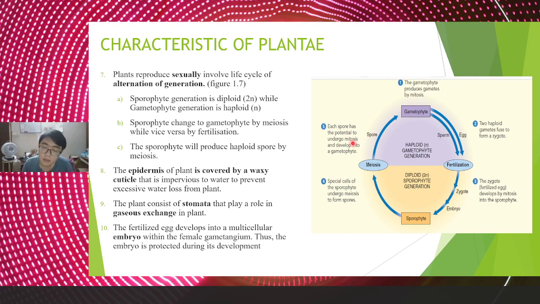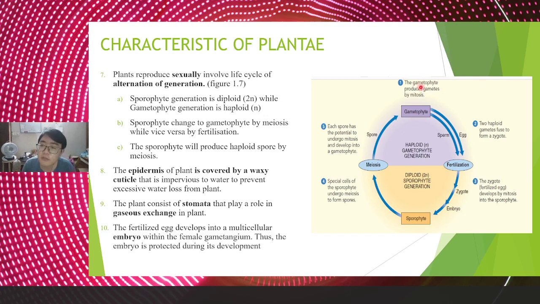Meiosis is when the sporophyte wants to form the microspore, and then it undergoes meiosis. After that, the spore forms the pollen grain, and the pollen grain is the gametophyte. So for the flowering plant, the pollen grain is the male gametophyte.